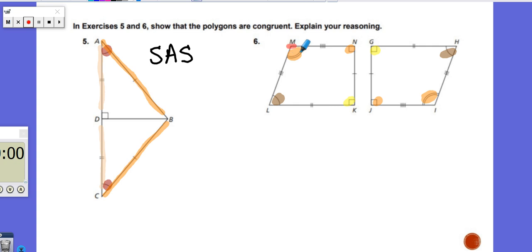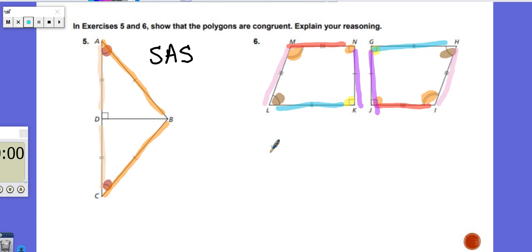And this side matches that side. This side, oops, different color. This side matches this side right here. This side matches this up here. And this side matches that side.